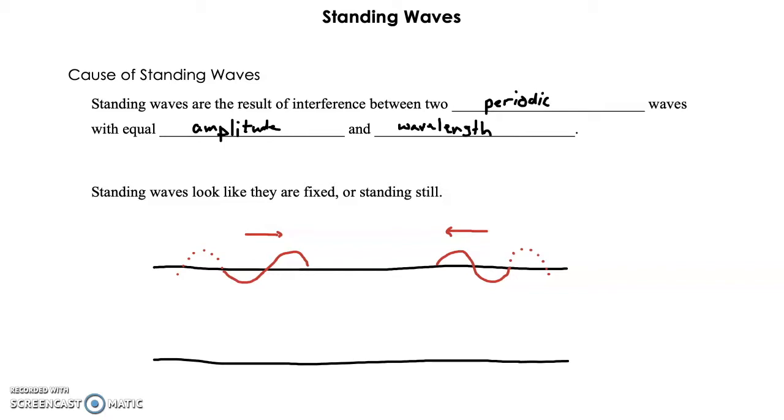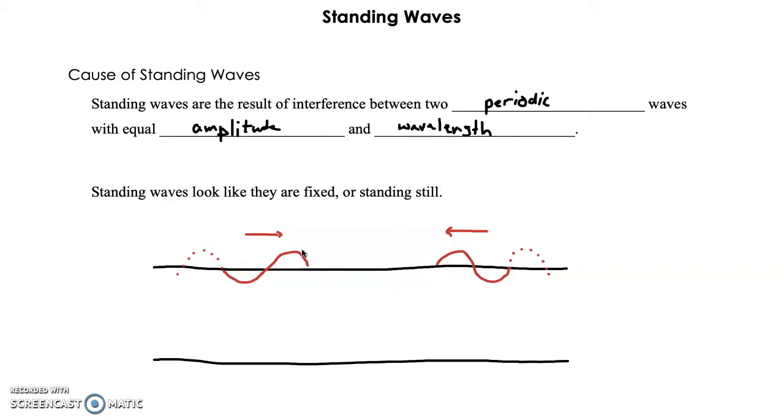So let's look down here. We've sent two waves toward one another. They're both periodic waves. They have equal amplitude, equal wavelength. I've added this dotted bit on the end just to show that it continues. Okay, so it keeps going up and down and up and down and up and down. So it's not just these two full waves that are interacting with one another. It's a periodic wave that continues.